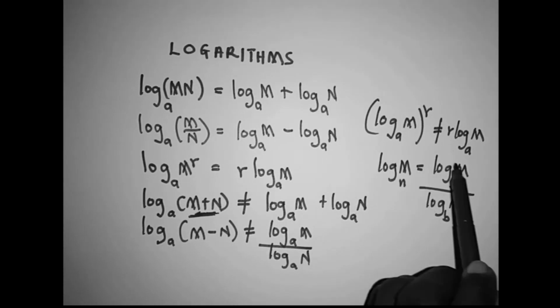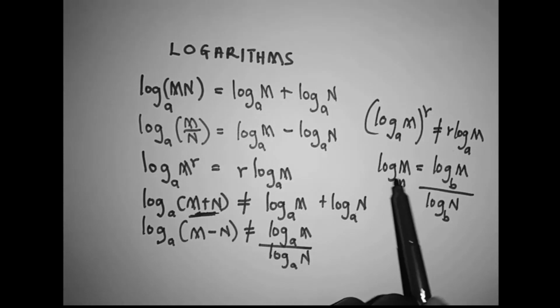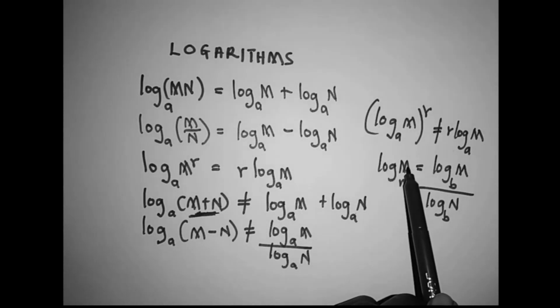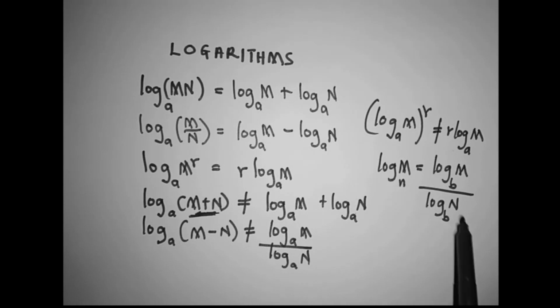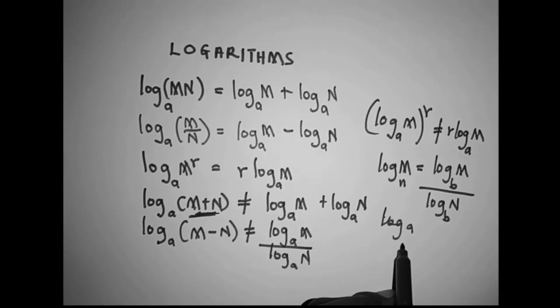So this is actually known as the change of base. It is log m in any base divided by log n in any base. Anytime you see log where they don't specify the base, then you take the base as base 10. Anytime it is written as log but there's no base down here, you just have to assume that the base is base 10.